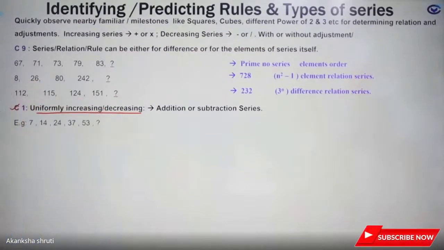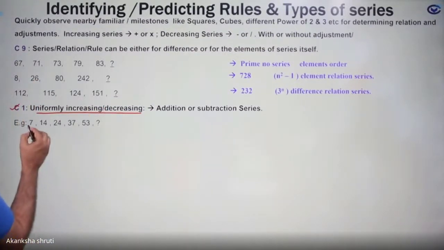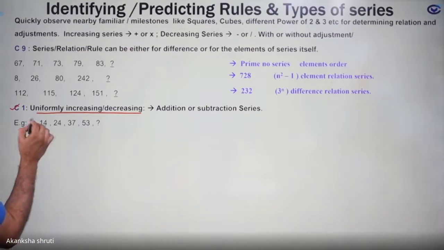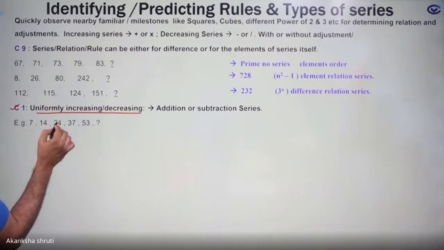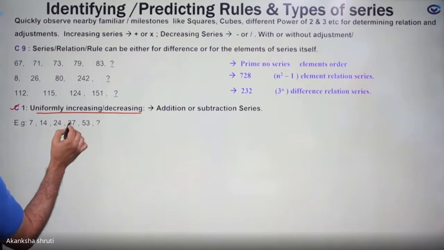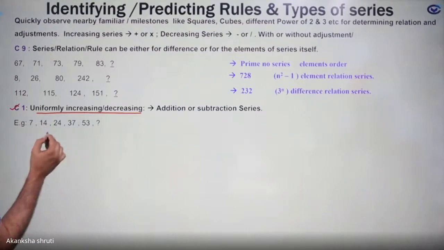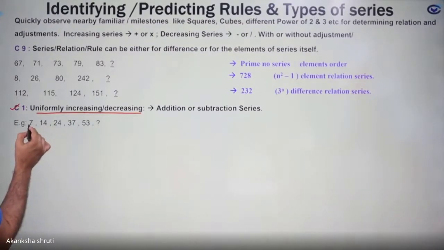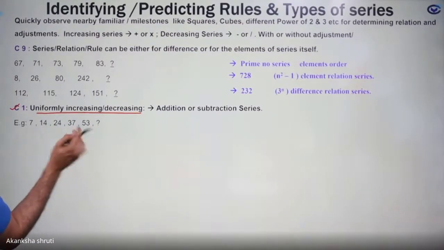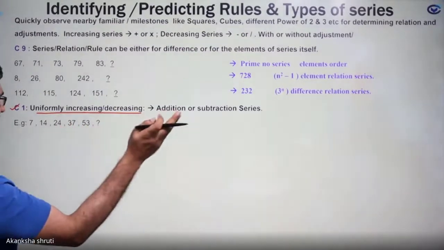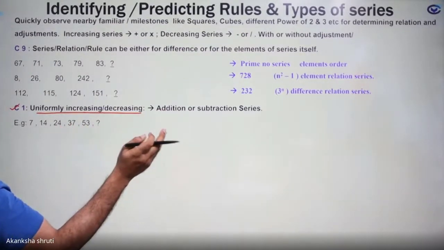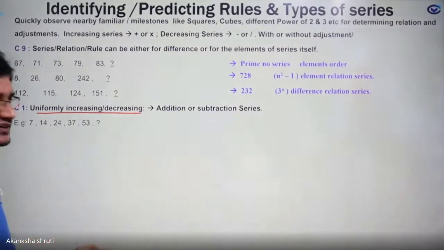Let us take the example: 7, 14, 24, 37, 53. Let us check the difference. We are observing that the numbers are increasing, but the increase is not very fast. So we shall go for the differences first.